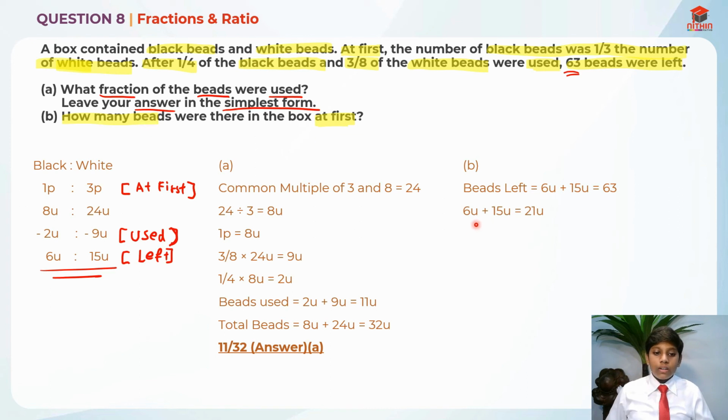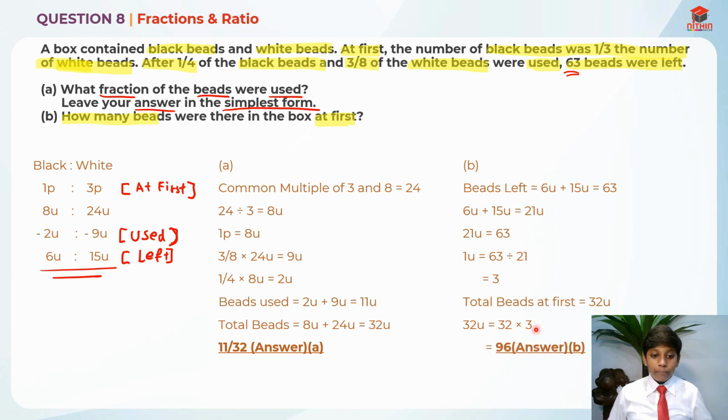So actually 6 units plus 15 units is 21 units, and 21 units is equal to 63. Now we can move on to finding 1 unit. So 1 unit is equal to 63 divided by 21, which will give us 3. And they are asking us the number of beads in the box at first, which is basically 32 units, right? So 32 units is equal to 32 times 3, which is 96. So 96 is the answer for part B.